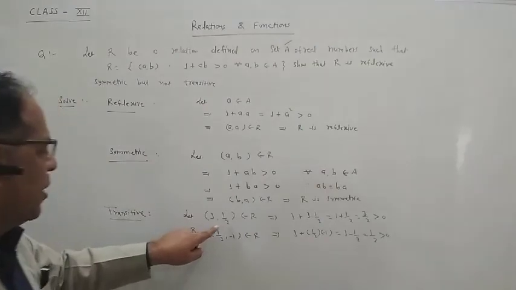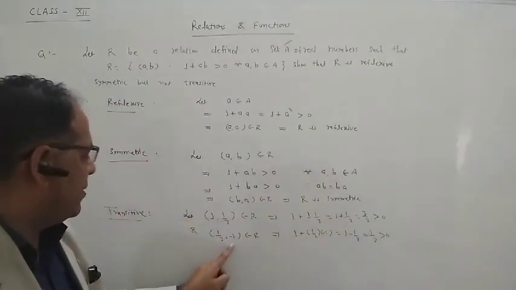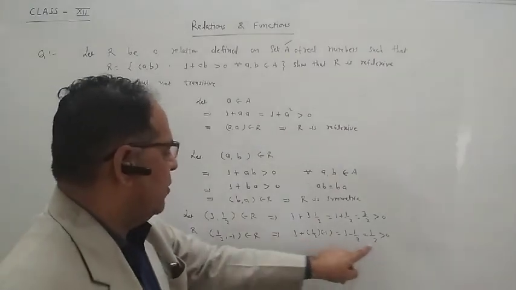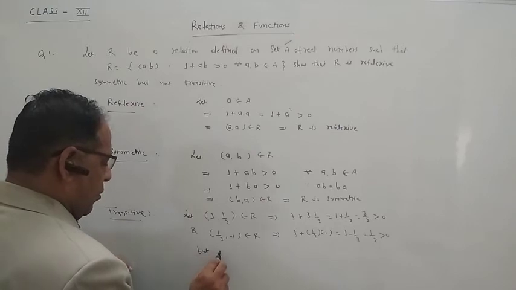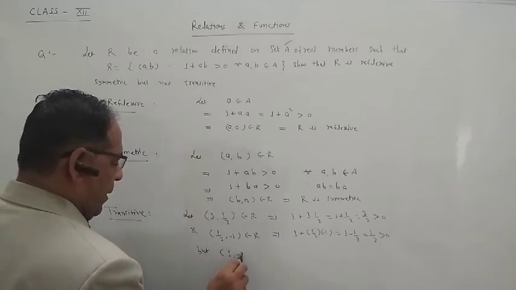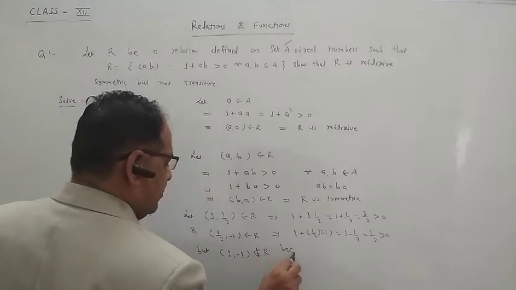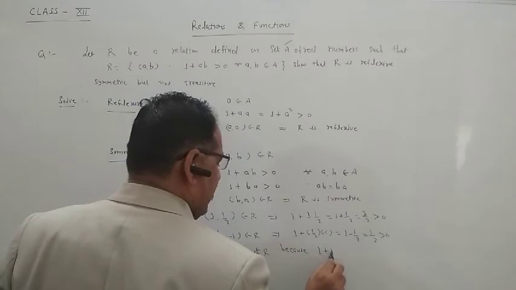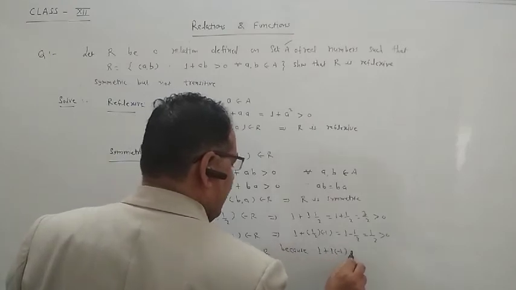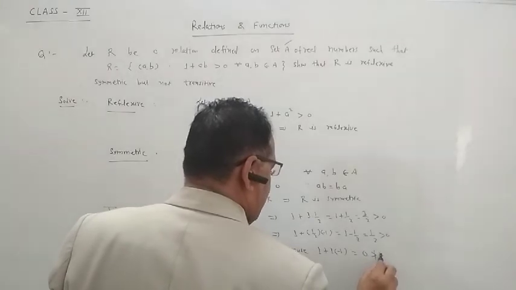We take here two ordered pairs: (1, 1/2) satisfying this condition, and (1/2, -1) also satisfying this condition. But (1, -1) does not belong to R, because 1 plus 1 into minus 1 equals 0, not greater than 0.